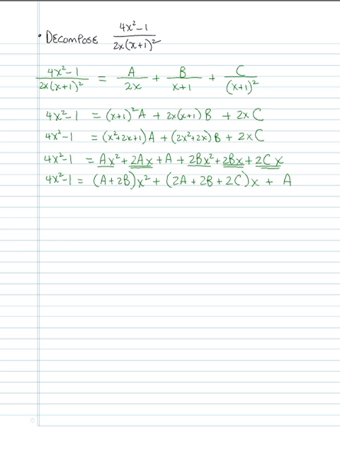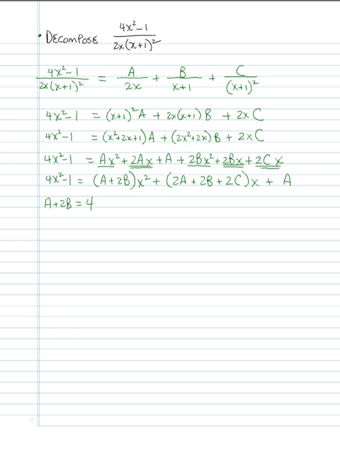Now, once again, what we end up doing is we go through the process of comparing coefficients. On the left side, the coefficient of x squared is 4, and on the right side, it's A plus 2B. So that tells us that A plus 2B must be equal to 4. On the left side, there's no x to the first power, is there?